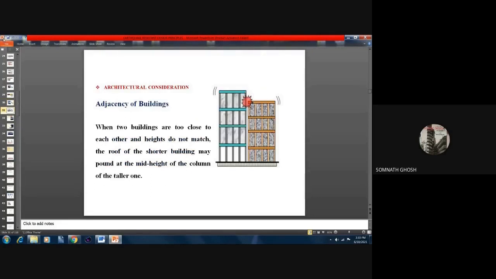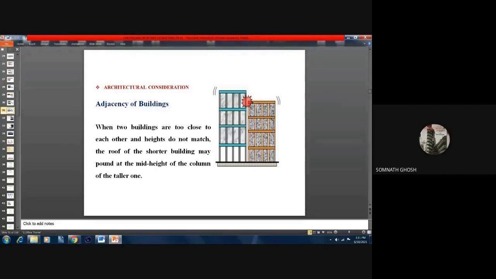Now, you see, if these buildings are very close to each other, what will happen? During earthquake, both the buildings will vibrate and there will be a pounding effect. One building will hit the other building, and that is quite a high force. If you want to calculate that force, you can calculate it.